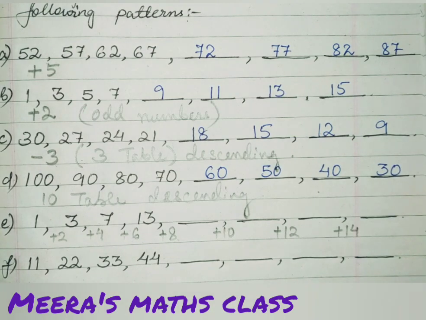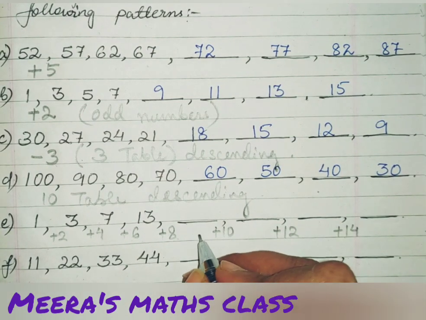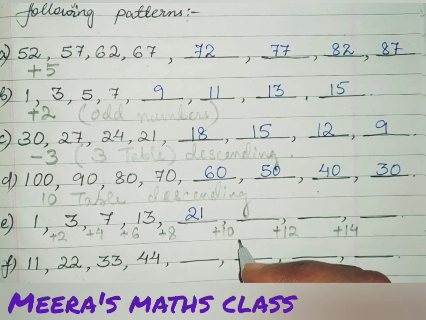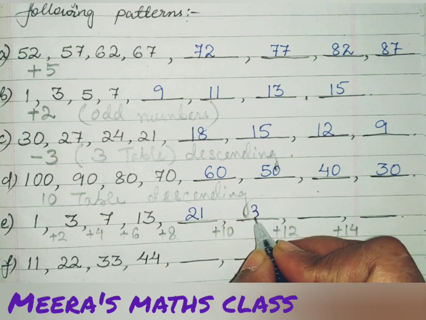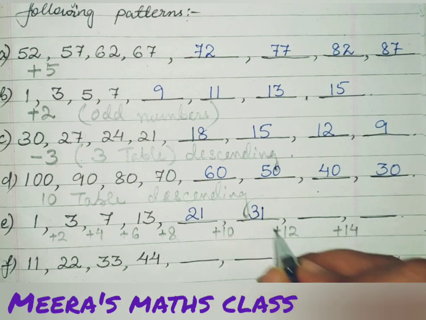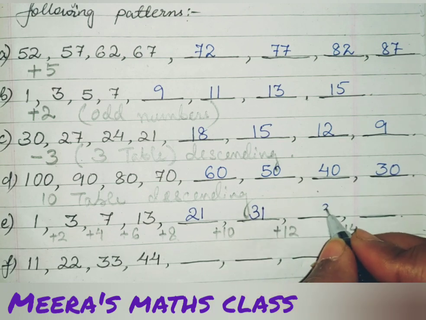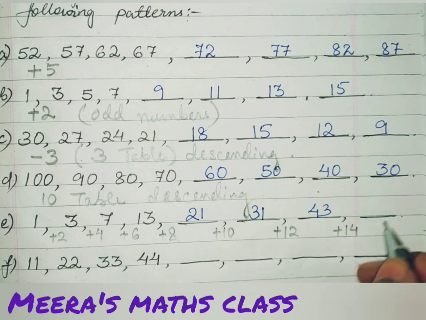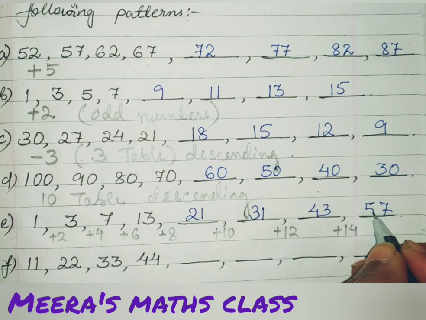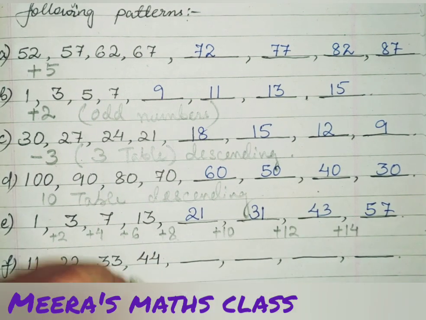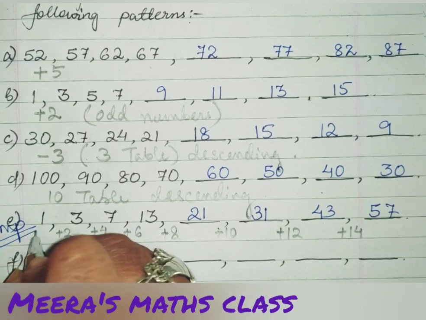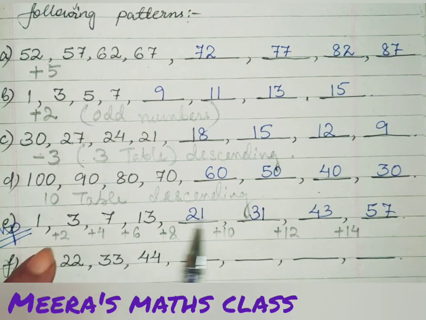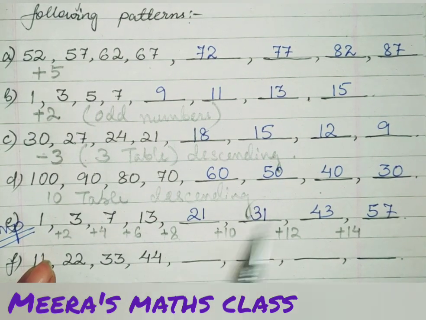You can add, or you can write the answer as 21. 21 plus 10 is 31. 31 plus 12: 1 plus 2, 3, 3 plus 1, 4, 43. 43 plus 14: 3 plus 4, 7, 4 plus 1, 5. 57. This is very important and this is different from the others. Here the same pattern is repeating, but here we have to find the difference and then apply the pattern.